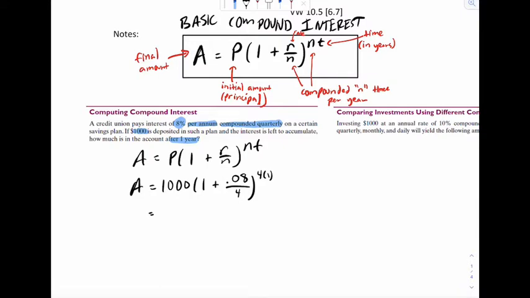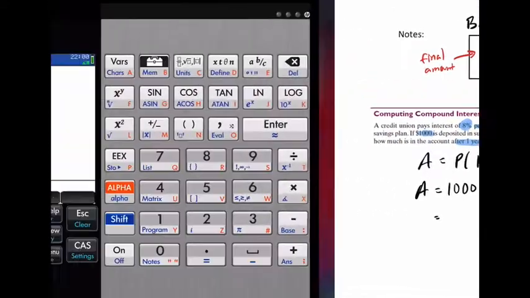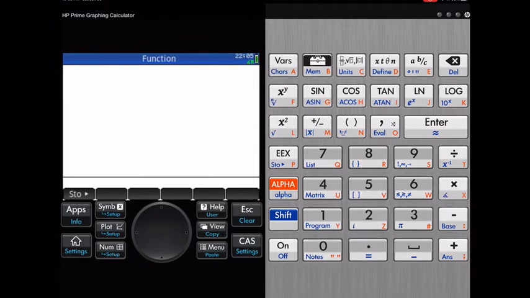So we're going to grab our calculator and type it in. 1,000 multiplied by (1 plus 0.08 divided by 4) to the power of 4 times 1. And there we go. We're going to round to the nearest cent, so $1,082.43.